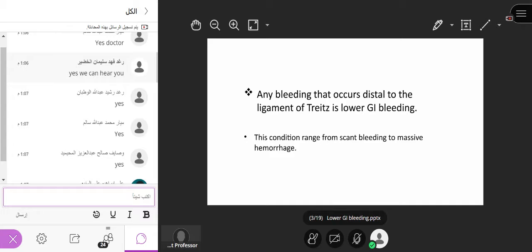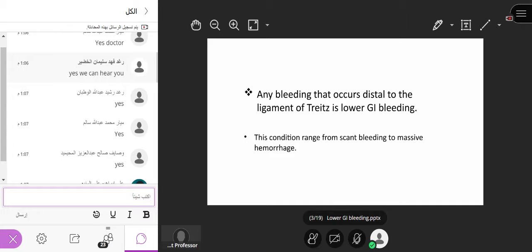Anyway, usually upper GI bleeding presents as melena, and lower GI bleeding presents as fresh, bright red blood, or too much blood. But again it depends. Jejunum and ileum bleeding, which is again lower GI, may present as melena, and even ascending colon or cecal bleeding may present as melena, while colorectal bleeding and descending colon bleeding may present as fresh blood.